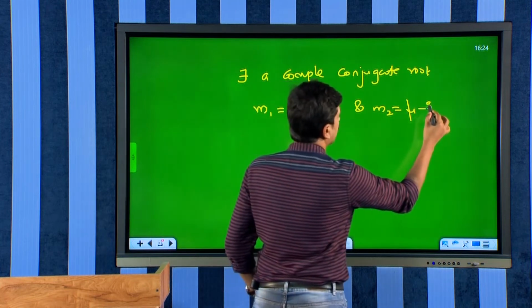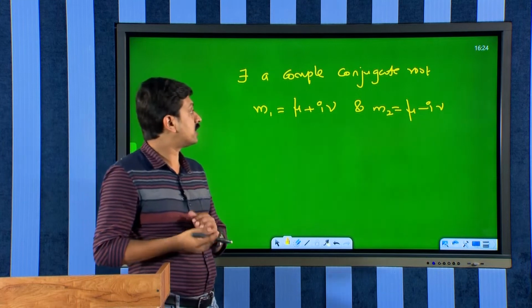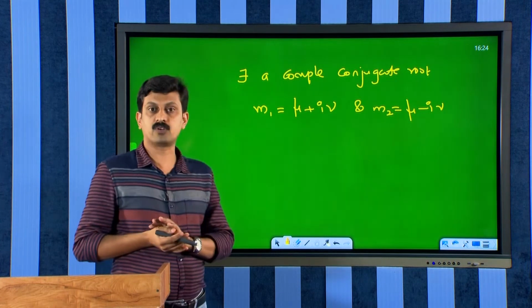Here mu is the real part and nu is the imaginary part. So there are complex conjugate roots.